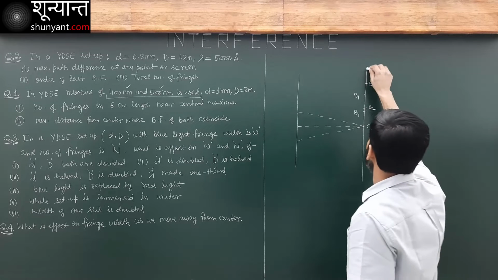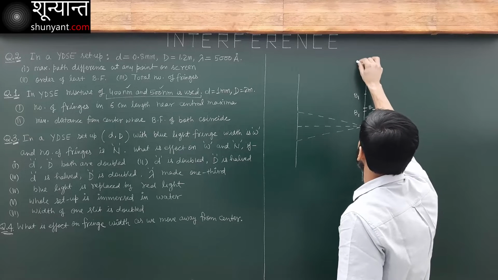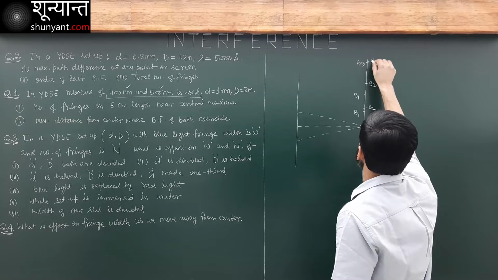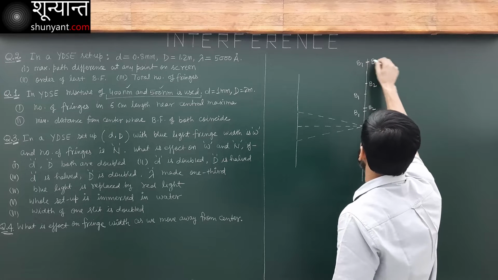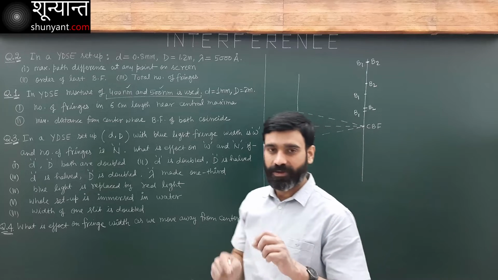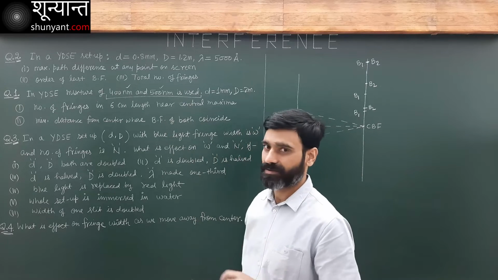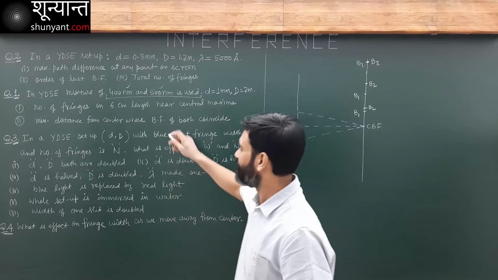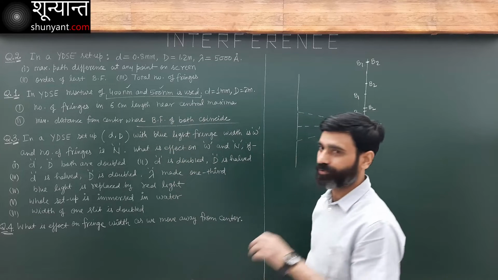At some point, both are going to coincide, at the same point, giving a bright fringe for both lights. So we have to find the minimum distance where both coincide.